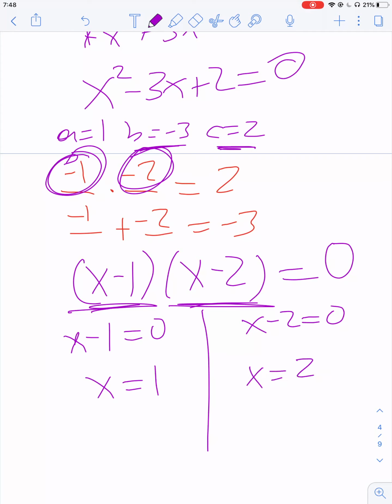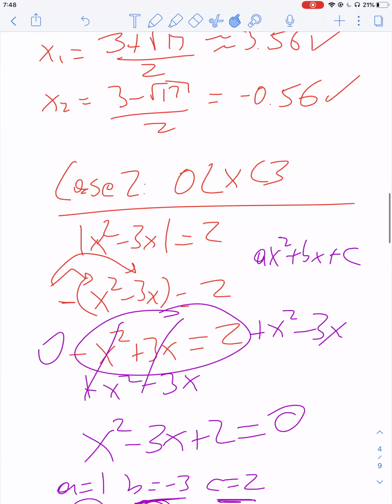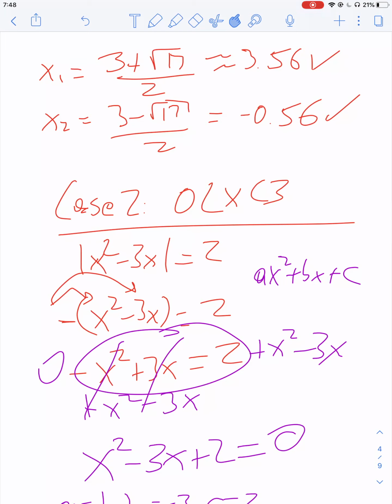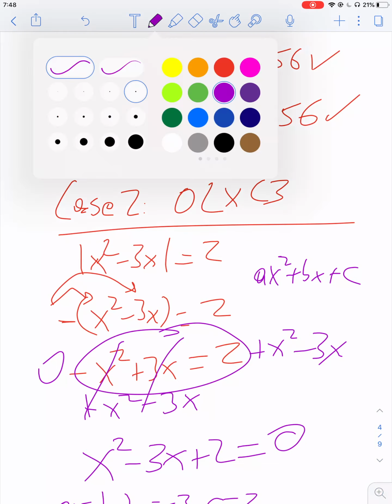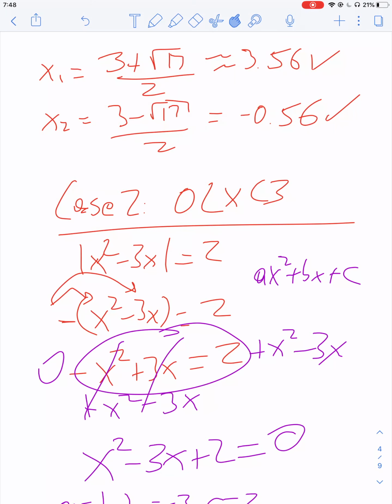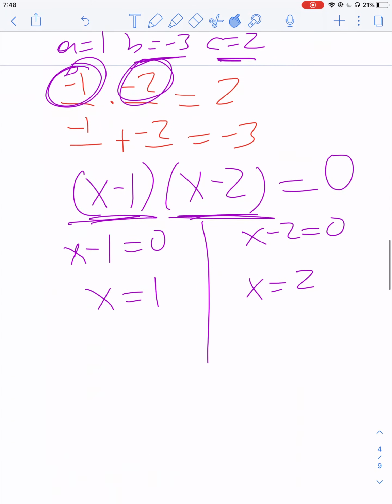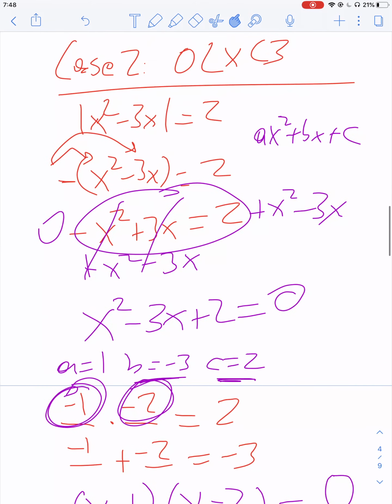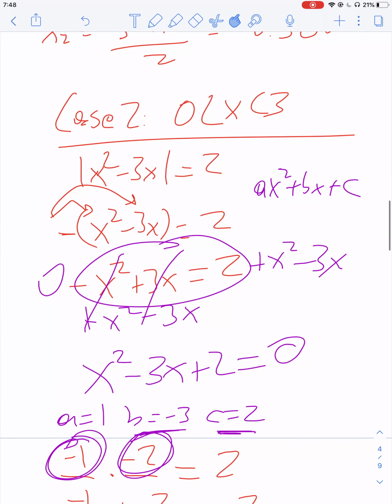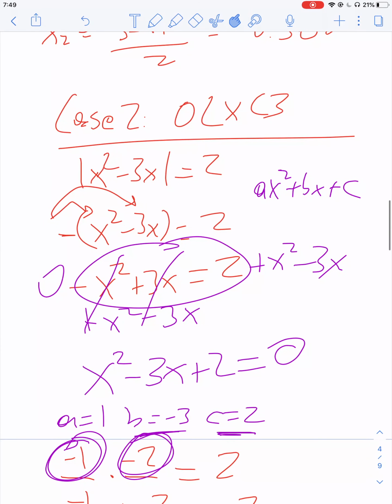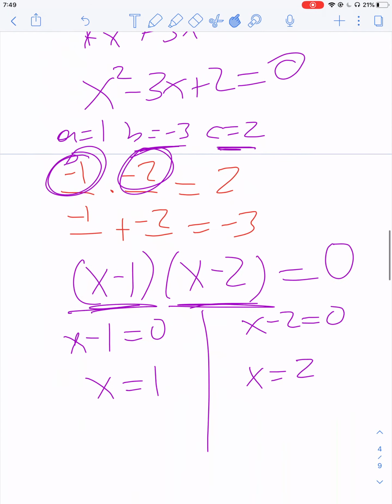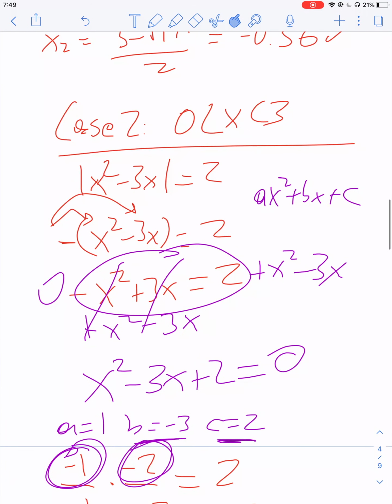Again, once you find your solution, go back to the domain and see if those solutions are within your domain. So 1 is greater than 0, and 2 is less than 3.